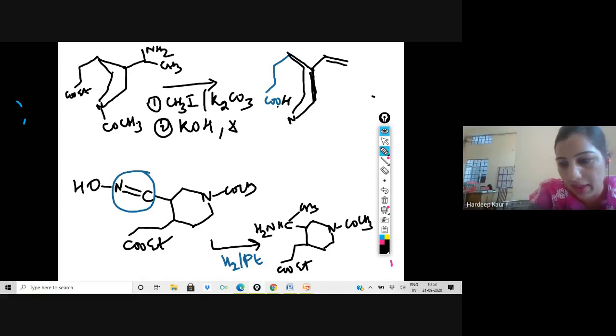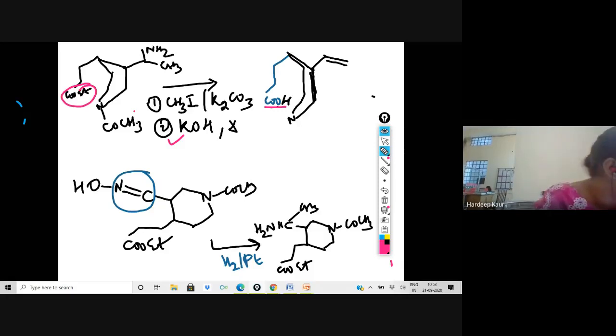Then we are adding potassium hydroxide to convert this ester into acid. The second condition we are using is to convert this ester into carboxylic acid. We are carrying out the hydrolysis. So this product is formed. Moreover, this acetyl group is also removed upon base hydrolysis. So this is formed.